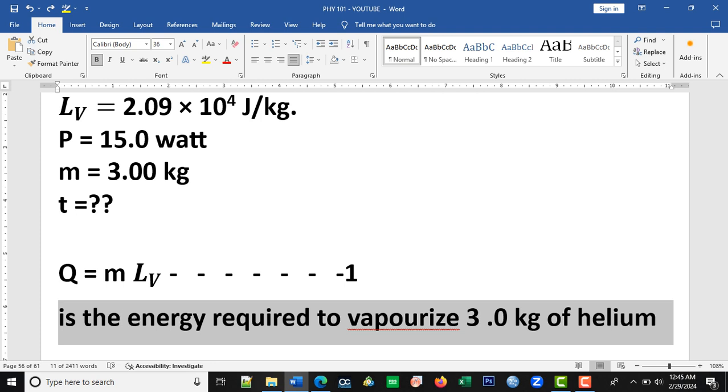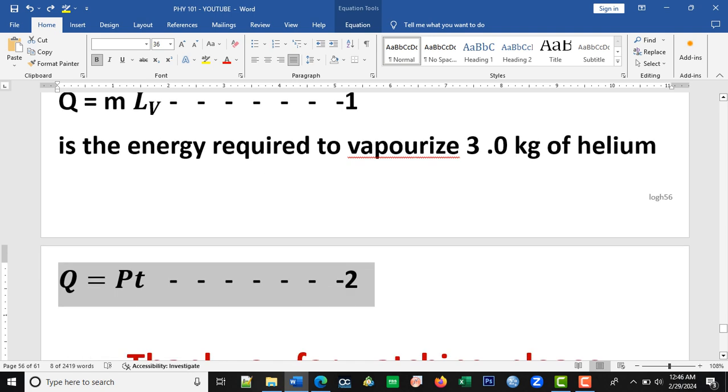So Q is the energy which will enable us to boil away 3 kilogram of helium. We also know that Q equals PT. This is the second expression. Q equals PT. So when we are able to estimate the quantity from equation 1, we can substitute that value into equation 2.